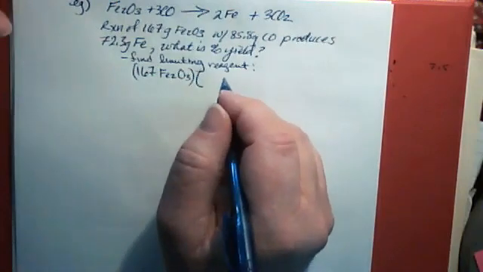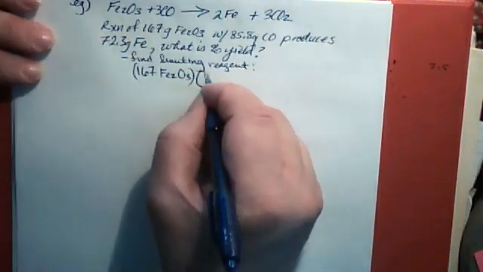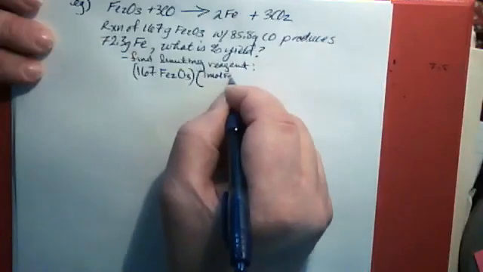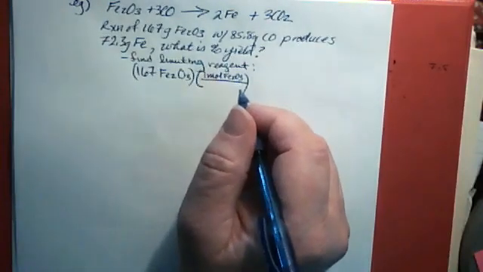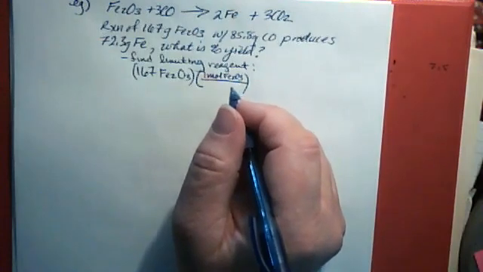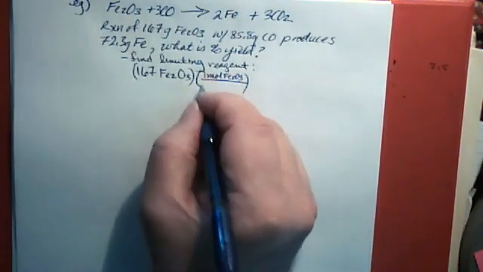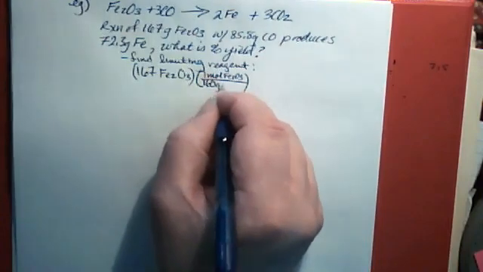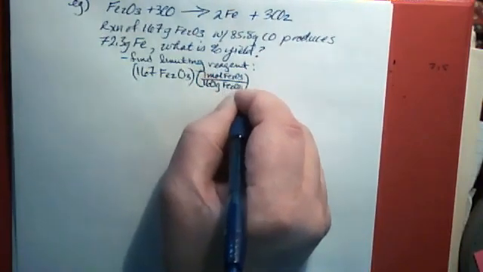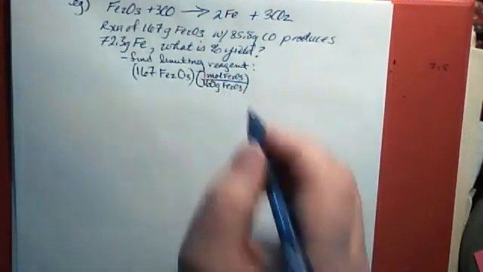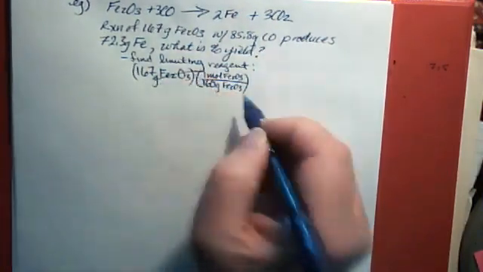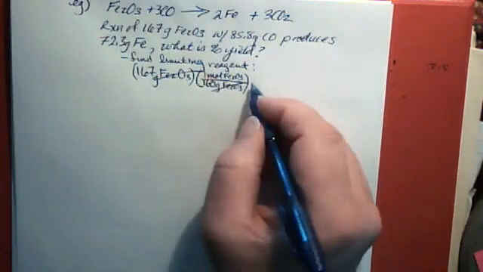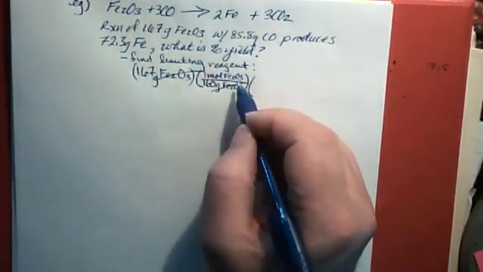167 grams of the iron oxide. We need to know the molar mass. So if you go to the periodic table, take 2 times the mass of iron and 3 times the mass of oxygen, you get 160 grams of iron oxide per mole. Grams of iron oxide cancel, and you end up with moles of iron oxide at this point.